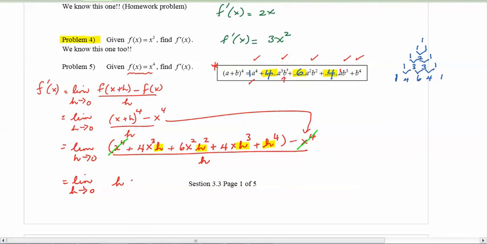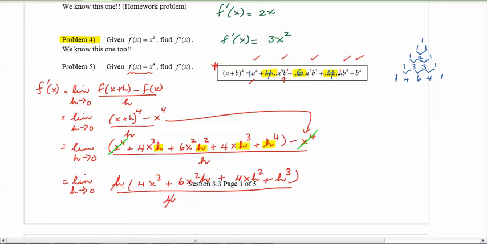So we can factor out that h. We get 4x cubed plus 6x squared h plus 4x h squared plus h cubed. And that is all over h.